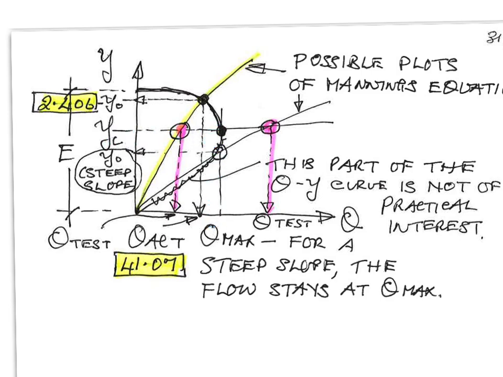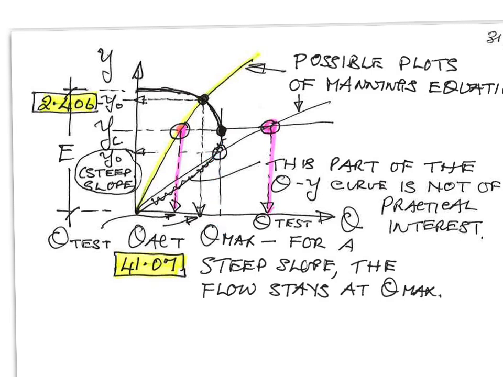So yc is the cube root of q squared over g, so we could find q if we knew yc, and of course yc is 2/3 of E. So if E is the head available in the reservoir or lake, yc would be 2/3 of that, so we can calculate q. That would be q max.